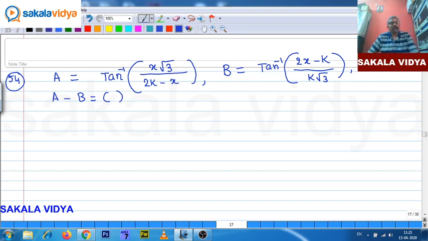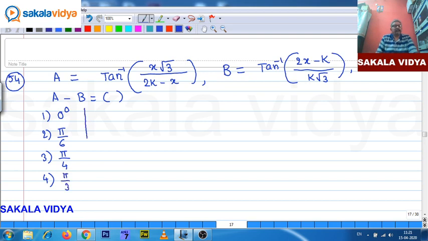First option 0 degrees, second option pi by 6, third option is pi by 4, fourth option is pi by 3.